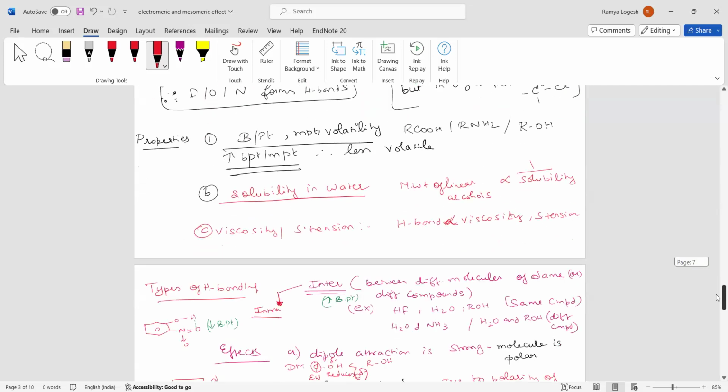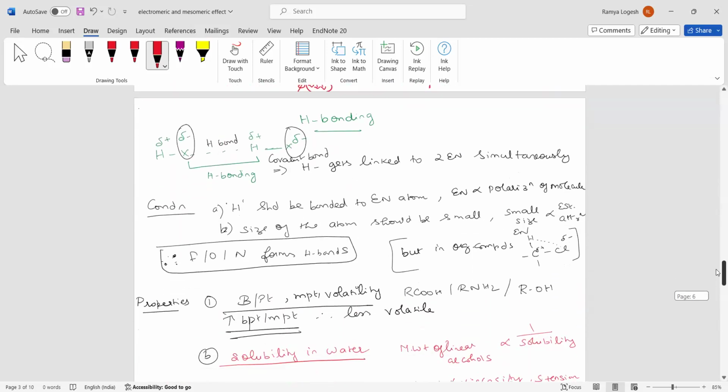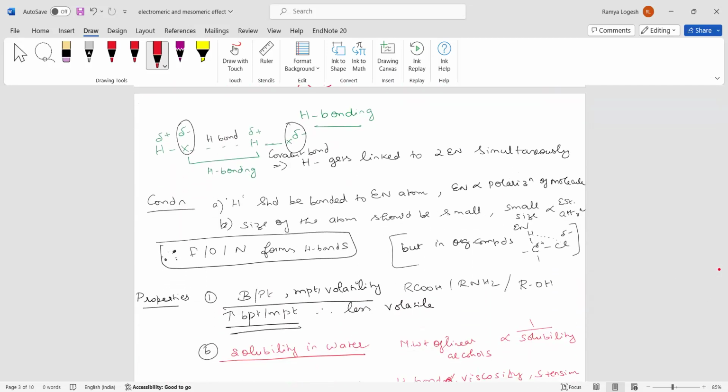We have hydrogen bonding. Let me complete it. Next one is hydrogen bonding, a very influential force with respect to organic chemistry. So what is hydrogen bonding basically? First of all, what is the condition? Hydrogen should be bonded to an electronegative atom. Look at this hydrogen. It is bonded to an electronegative atom.